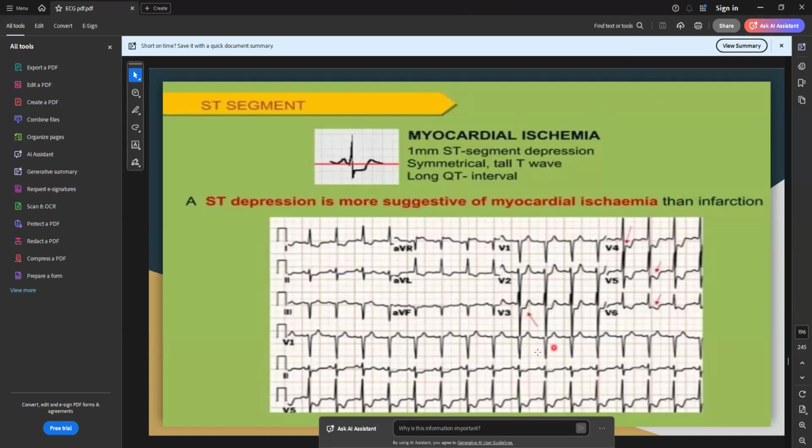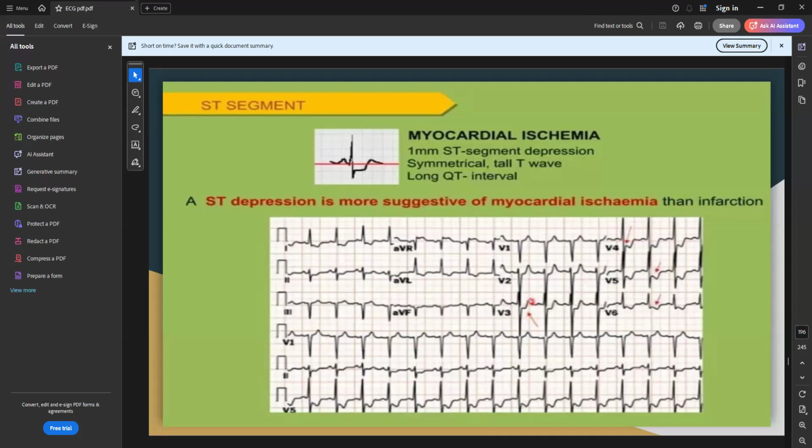Here you can see, as I told you, these are the places where you can see the ST depression. Here you can see the ST depression with the symmetrical T wave. Usually the normal T wave's initial half is sloping, and the next half will be normal.